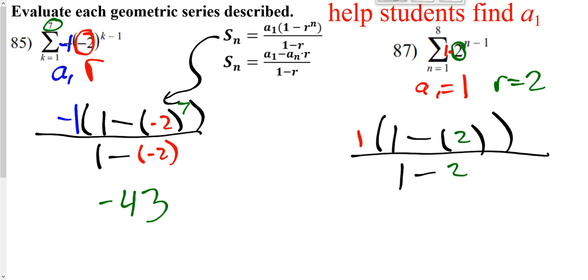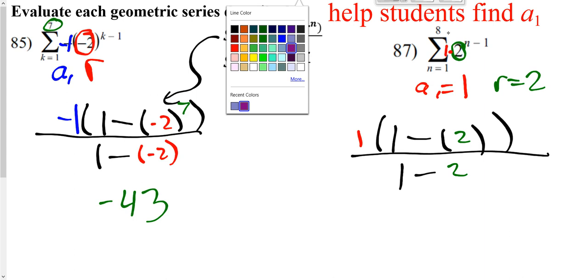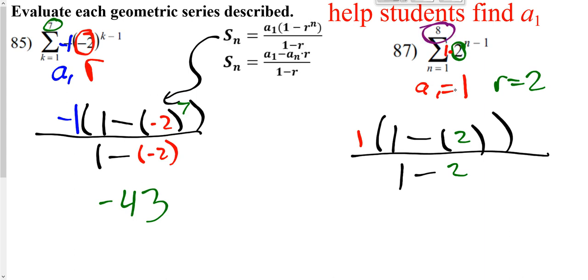The number of terms you're adding together is always going to be that top number if you're starting out at 1. And so then you can type all this into your handy dandy calculator and you get 255.